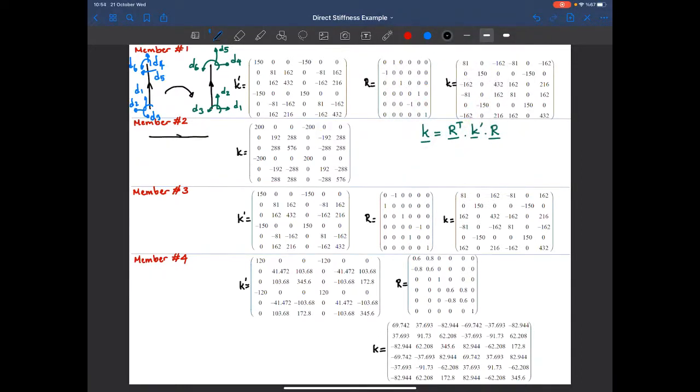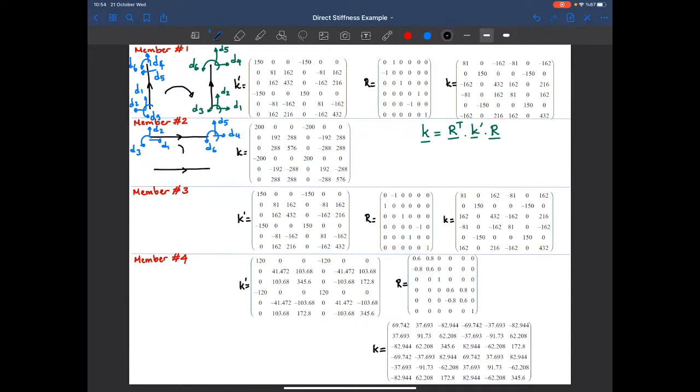Remember that the rotation angle is the same, but just for completeness, let's show it. D1, D2, D3, D4, D5, and D6.